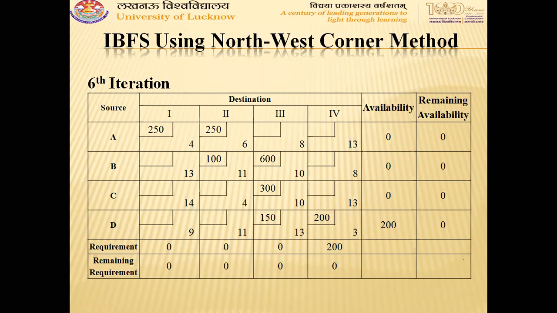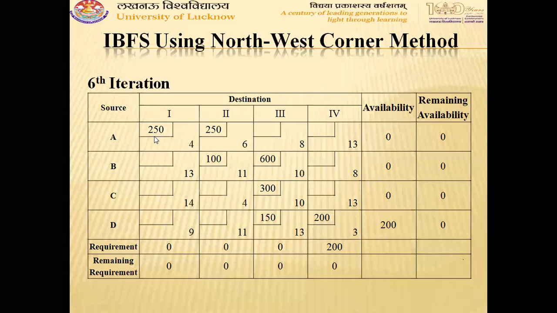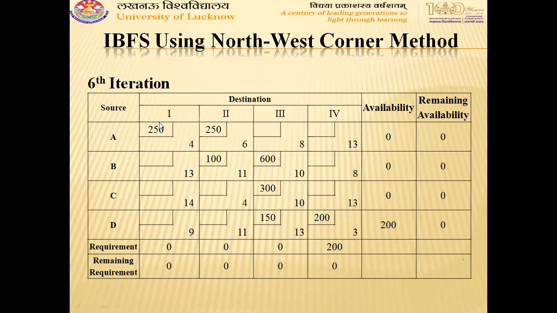Now how do we represent this solution? We represent the solution in the form of this table. You can see 250 units of goods are transported from source A to destination 1. So we write from source A to destination 1, quantity transported 250, and the cost of transportation will be 250 into 4, where 4 is the per unit transportation cost from source A to destination 1.